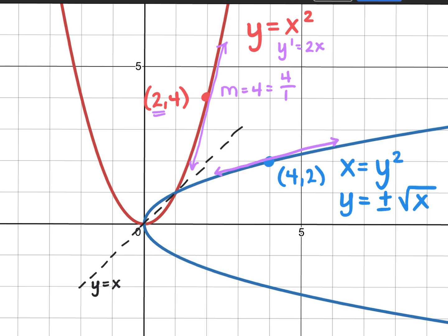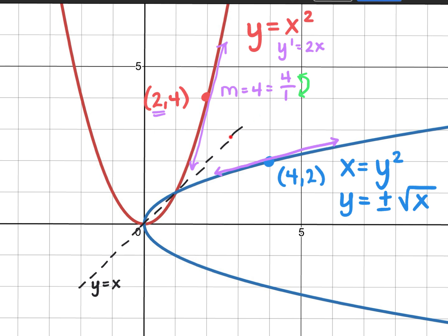And so if you think about what's happening when this line is folded over, right? When this purple line gets reflected over this line like everything else does, the exact same thing is going to happen. The x's and the y's are going to switch positions. And what that means for us is that the top and the bottom of my slope are going to switch positions, right? Because these are your y values up on top here, and these are your x values down here.